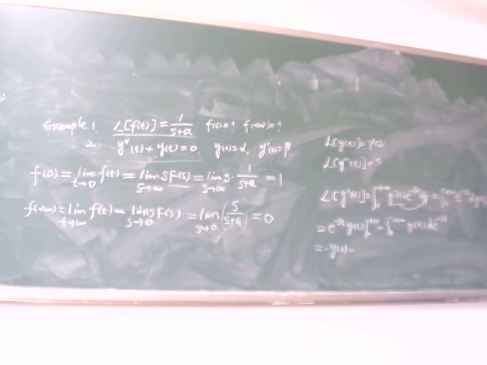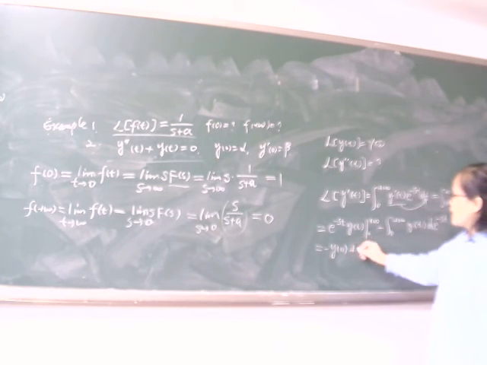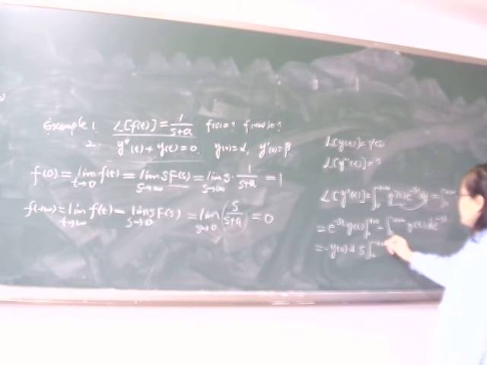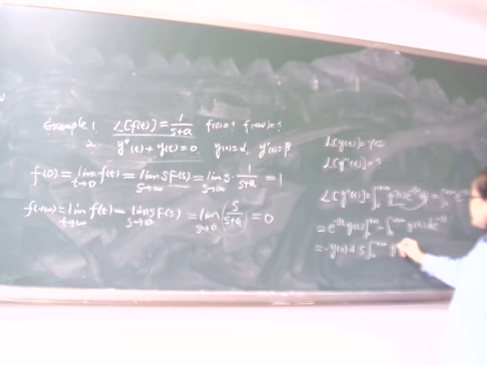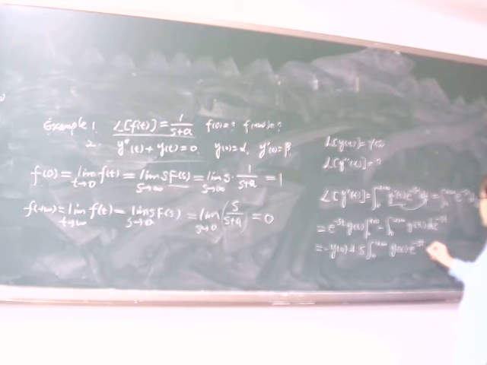We continue. The derivative of e^(-st) is minus s, times minus 1, so it becomes plus s times the integral of y(t) e^(-st) dt.